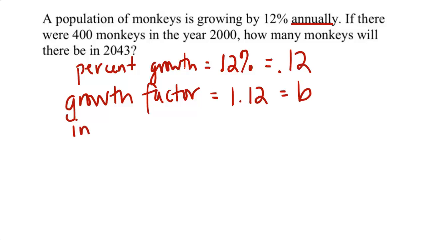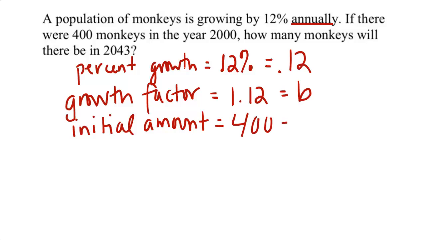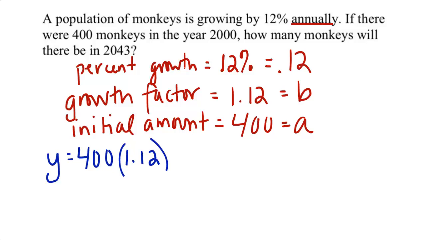Our initial amount is actually given, which is our a value, and that looks to be 400. So our equation actually kind of falls right out of this information. The number of monkeys, I can call that y, is equal to 400 times our growth factor, 1.12, to the power of however many years we want to go into the future.